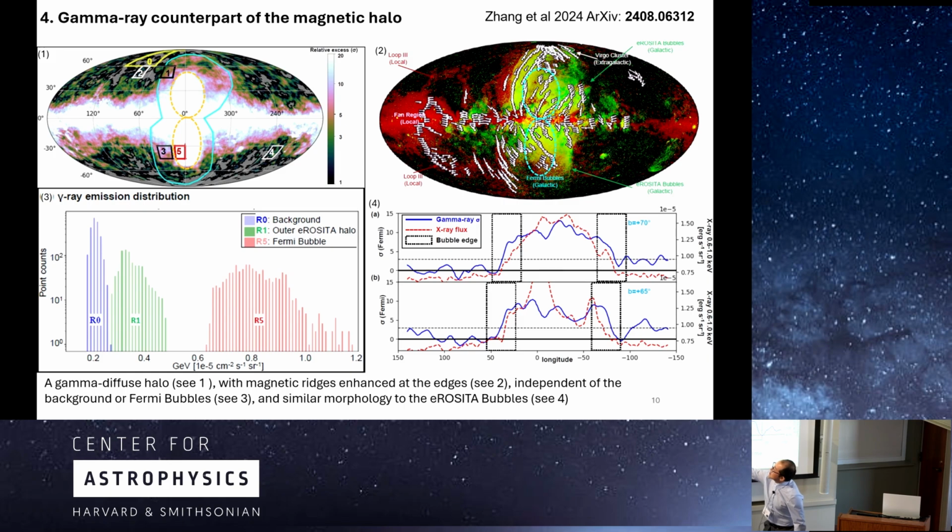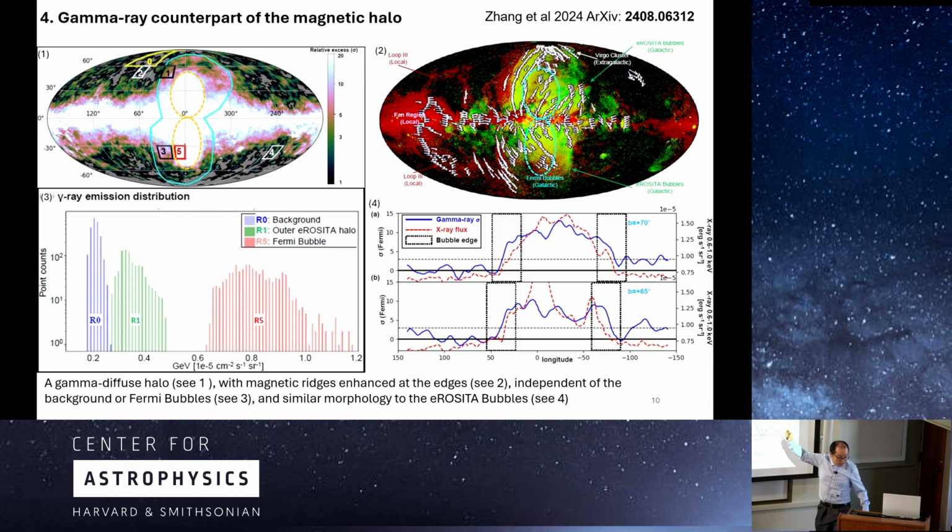And this is with more than 12 years of Fermi data. Not only do you see the Fermi bubble, but if you compare this region 0 with the significance of the all sky, you see that there is a 5 sigma significance compared to the background, which corresponds to the irreducible bubble, which indicates that you also have a gamma ray counterpart of the irreducible bubble.